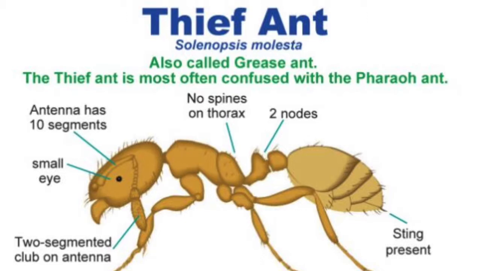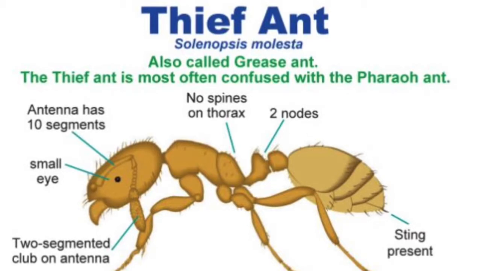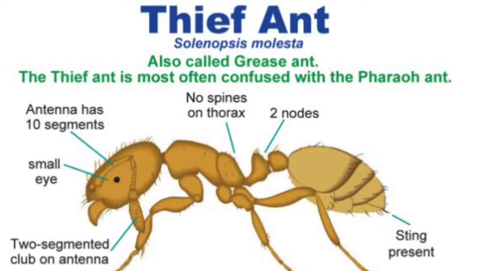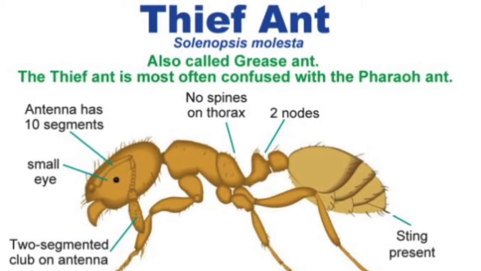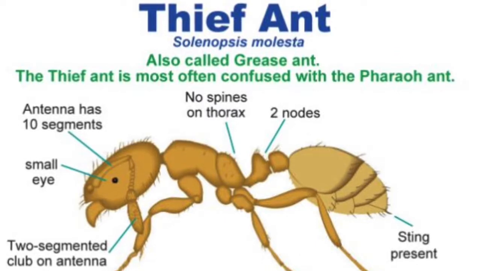Okay, now let's take a look at the theft ant. Here is a photo that makes it really easy to see what we're talking about, the nodes. Here you can clearly see the head, the abdomen, and the thorax. Right between the abdomen and the thorax are the two nodes.